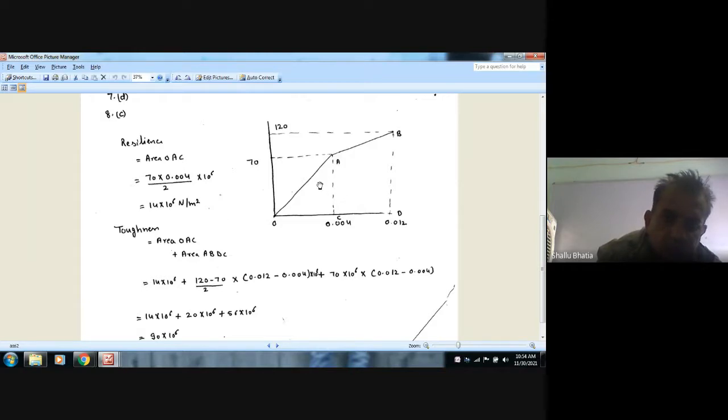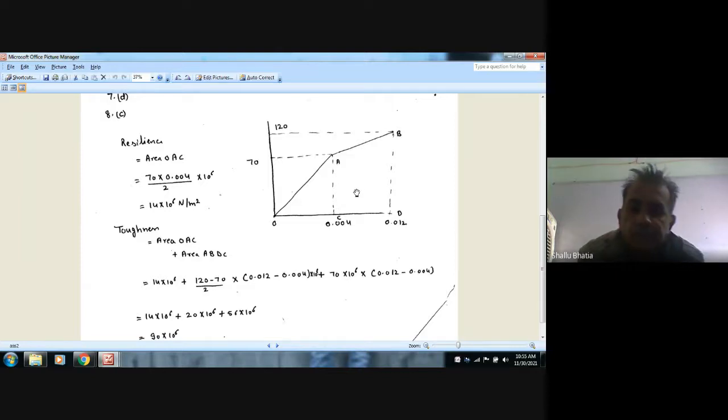So now toughness is this area OAC plus ABDC. That is the triangle, 120 minus 70, by 2, where 120 minus 70 is the height and the base is 0.012 minus 0.004, and 2 is for the area of triangle.